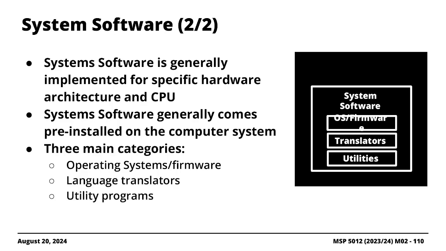And then we see here that there's some crucial system software that would generally be pre-installed on a computer system. In most instances, when you buy a new computer, there will probably be an operating system there. If not, at a bare minimum, the system software that will be installed there is called firmware, right?